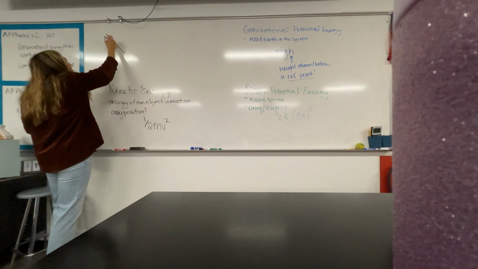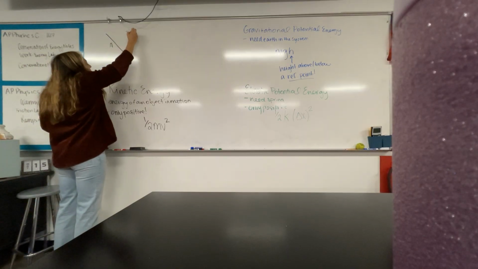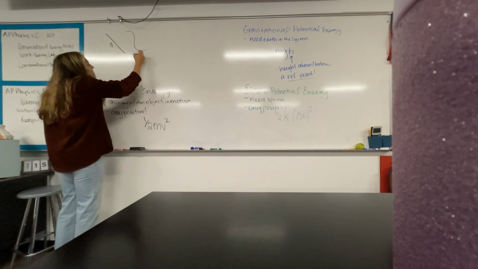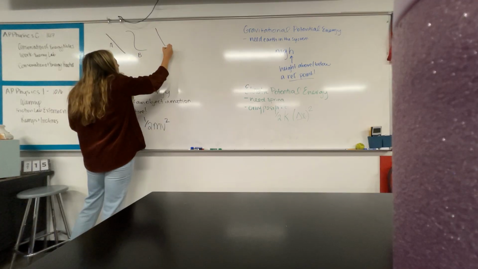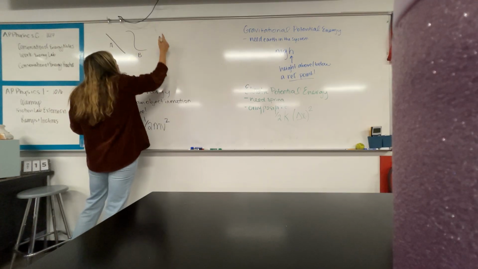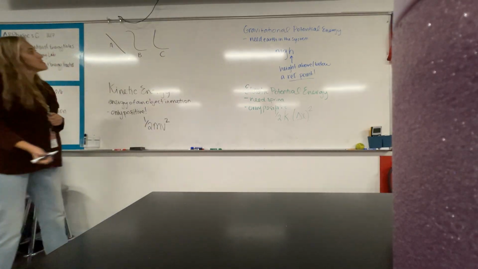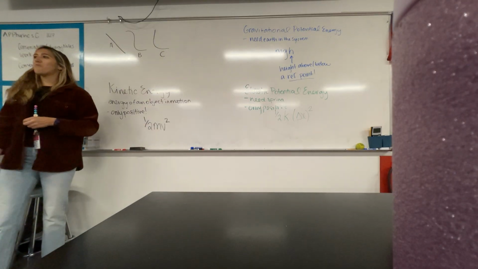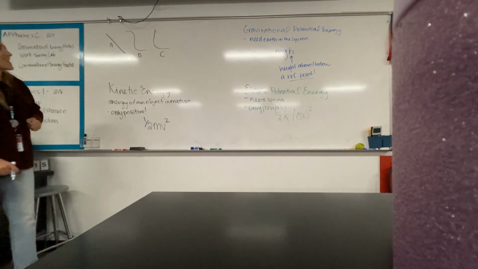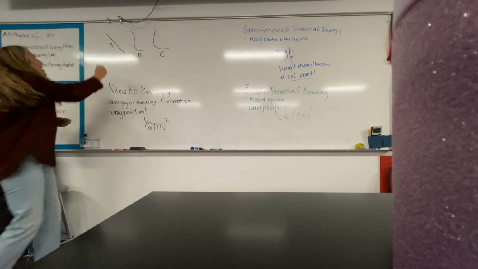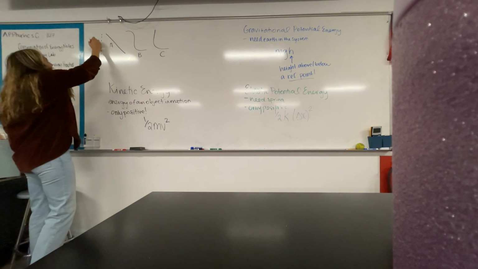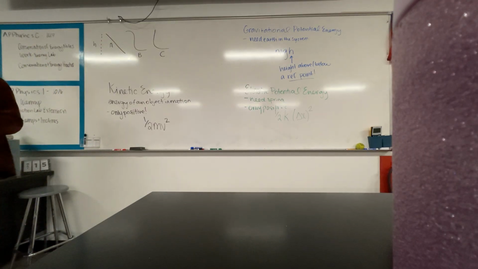This is slide A, this is slide B, and this is slide C. I wouldn't let my kid on C, but that's okay. All of these start at a height h above the ground.